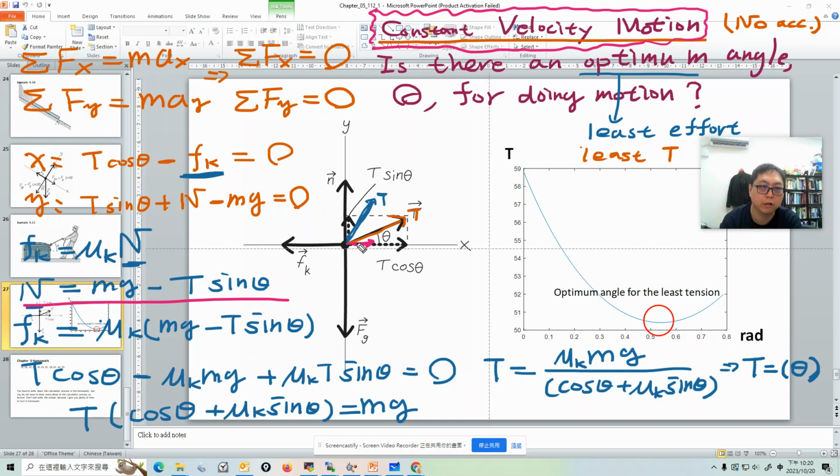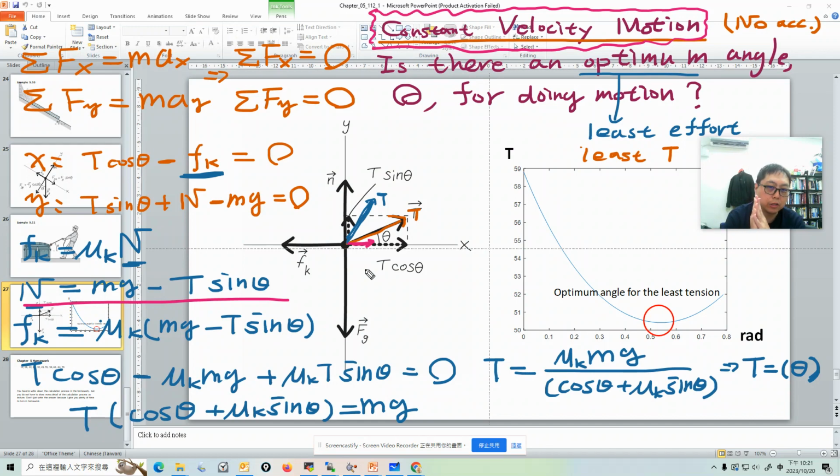So there are two competing effects. With a large theta, you reduce the friction, but at the same time you reduce the T cosine theta component, which means you have less ability to maintain constant velocity motion.